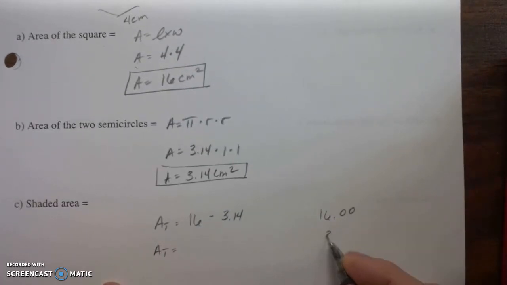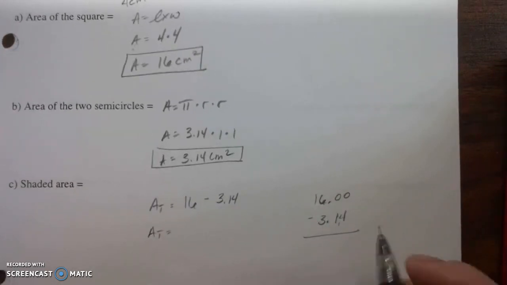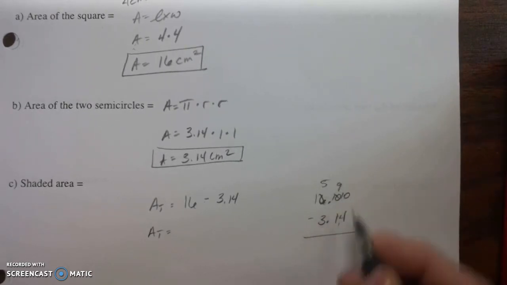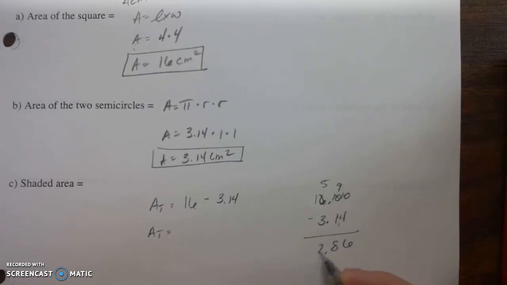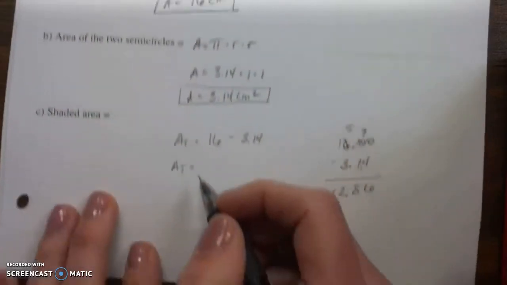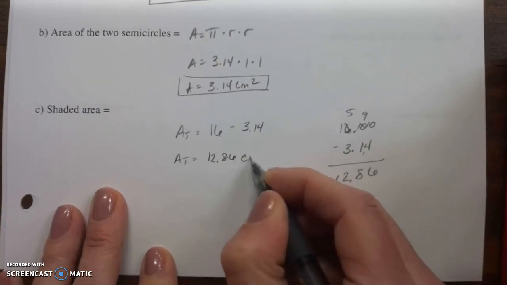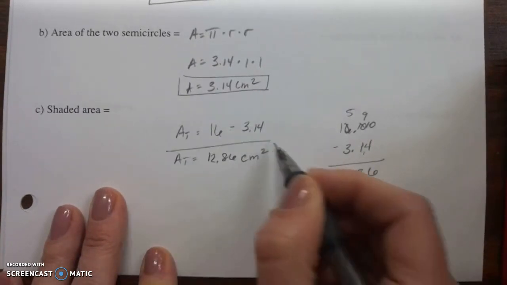Now when I add or subtract decimals, I need to line up my decimals and then add digits to whichever addend, subtrahend, or minuend doesn't have enough digits to match the other one. So let's go ahead and subtract. And I'm going to get a total area of 12.86 centimeters squared.